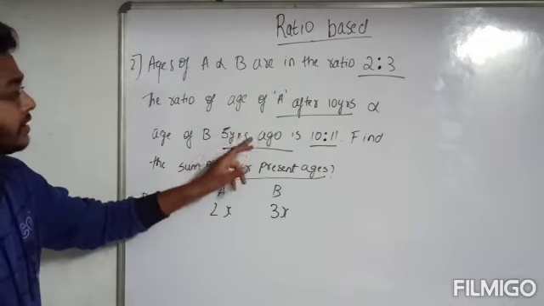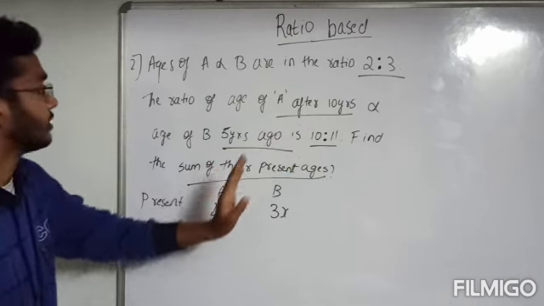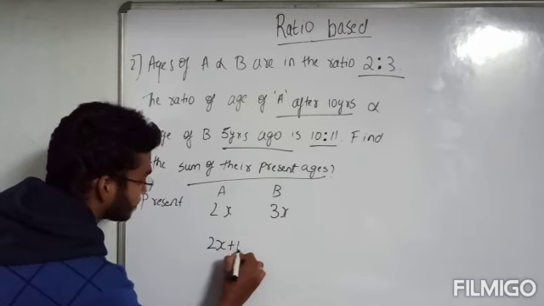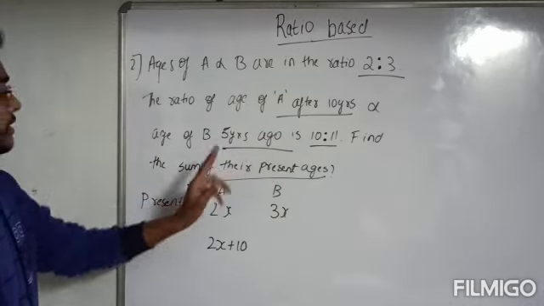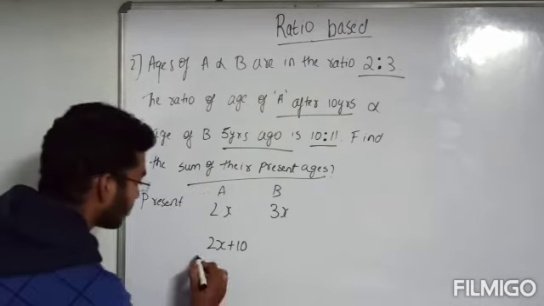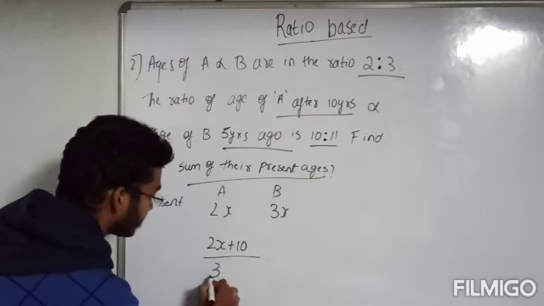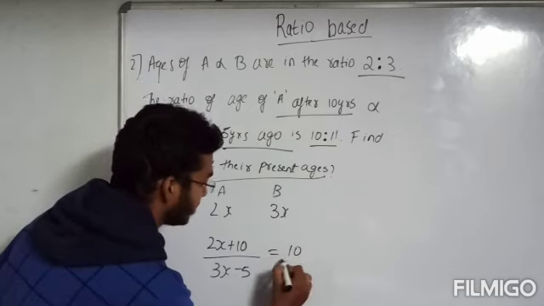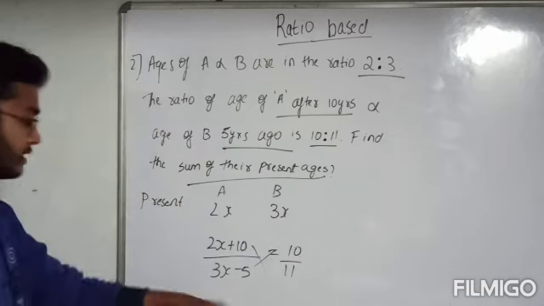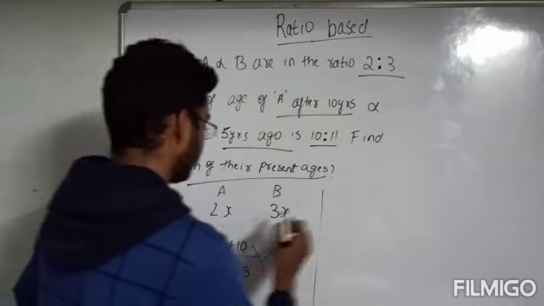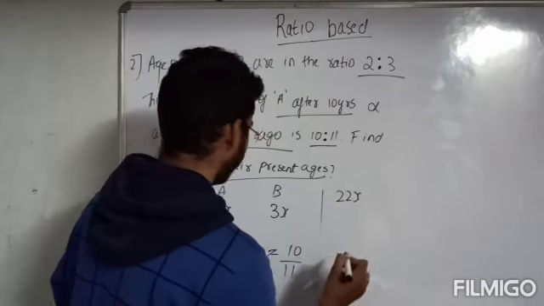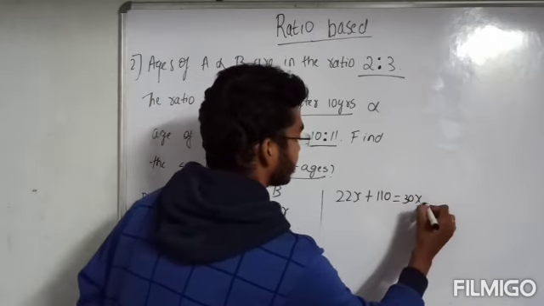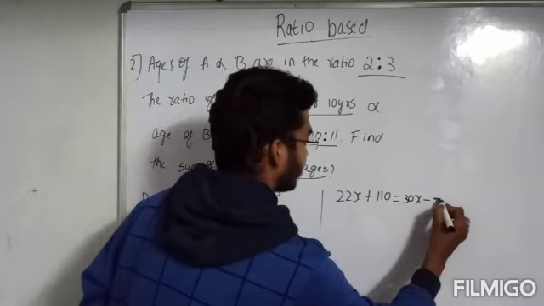The age of A after 10 years is 2x plus 10, that is future addition, and the age of B 5 years before is 3x minus 5, and the ratio will be equal to 10:11. So by cross multiplying and solving, we'll get 22x plus 110 equal to 30x minus 50.